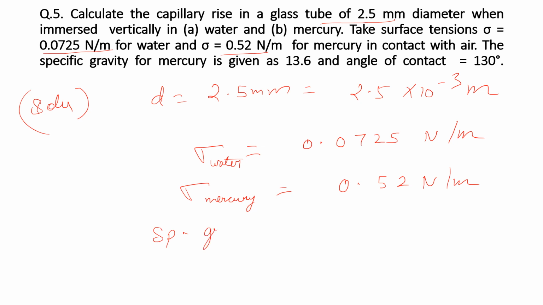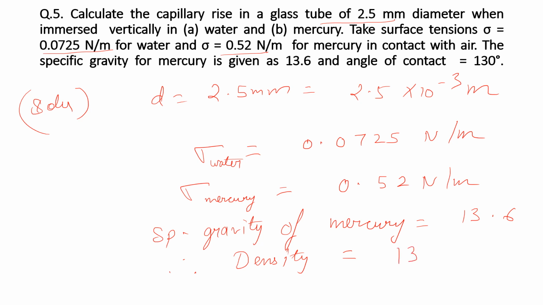The specific gravity of mercury is given as 13.6. Therefore the density of mercury will be 13.6 multiplied by 1000 kg per meter cube. As we know, specific gravity is defined as the ratio of density of fluid to density of standard fluid. The standard fluid is water. So by taking the expression to the right side, we get density as specific gravity multiplied by density of water.